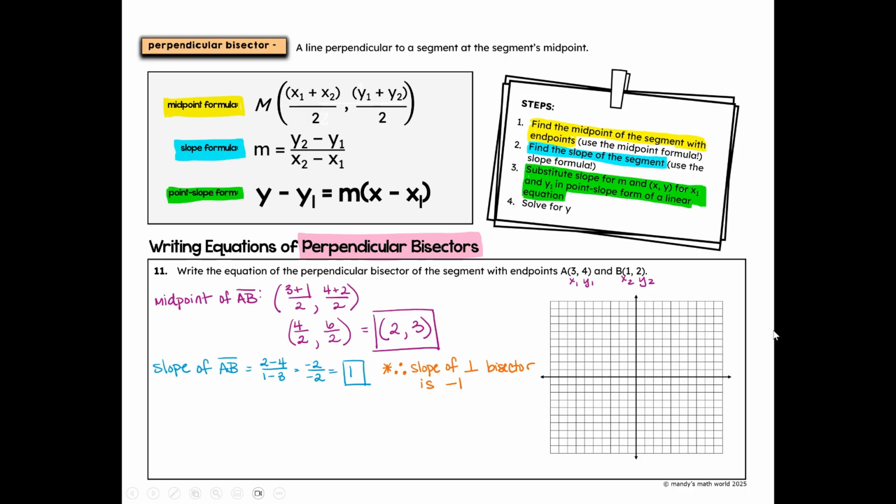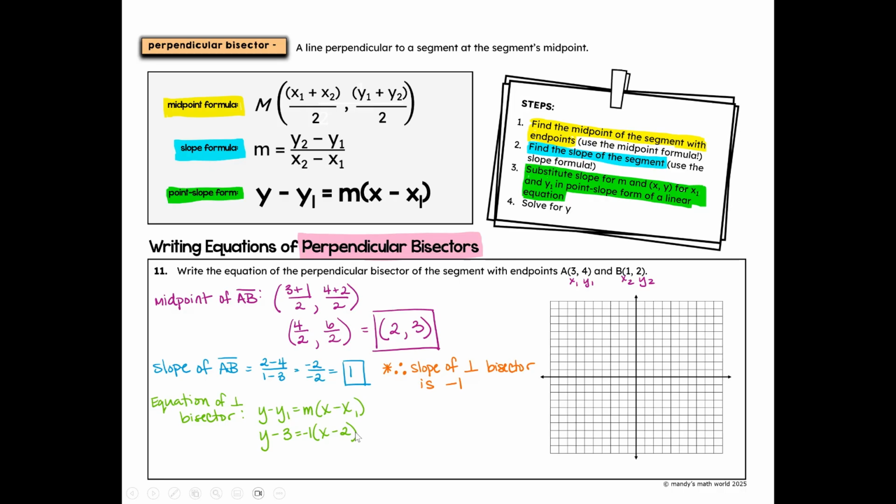I'm going to use point slope form: y minus y1 equals m times x minus x1. I plug in 3 for y1, negative 1 for my slope, and 2 for x1. And here's the equation that I get.